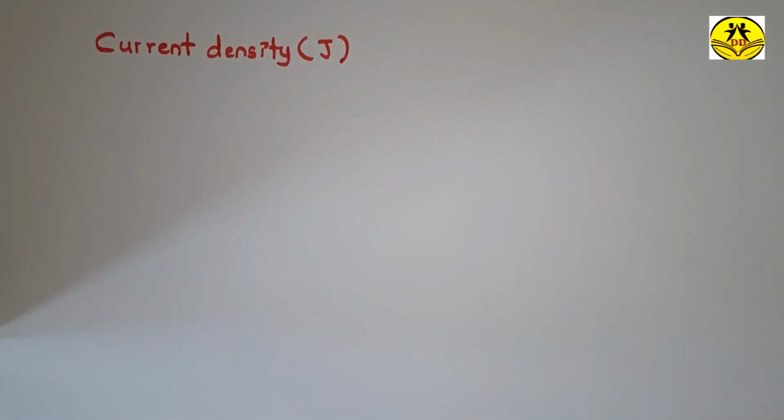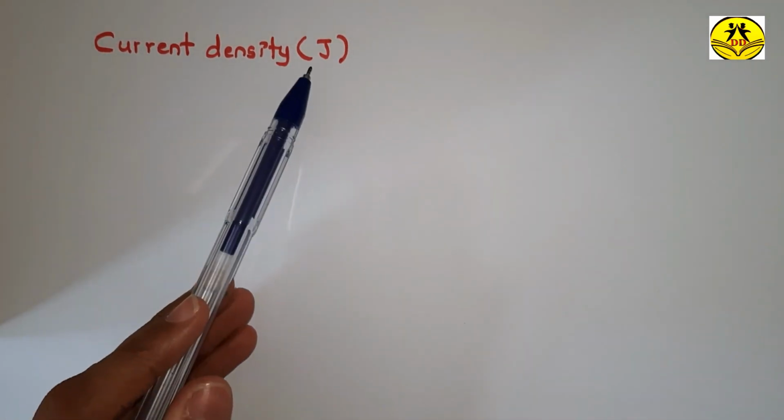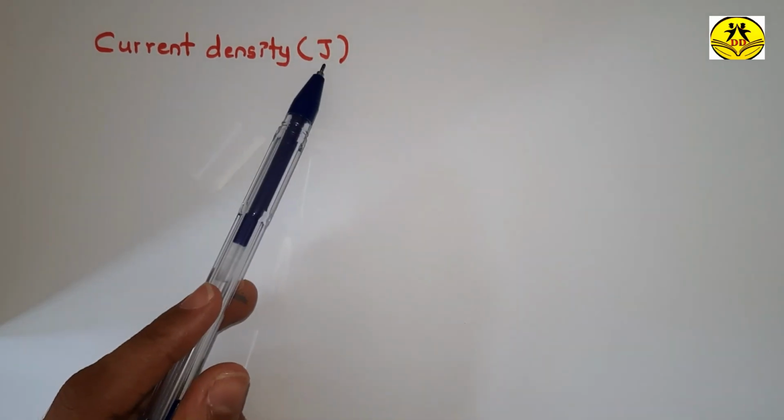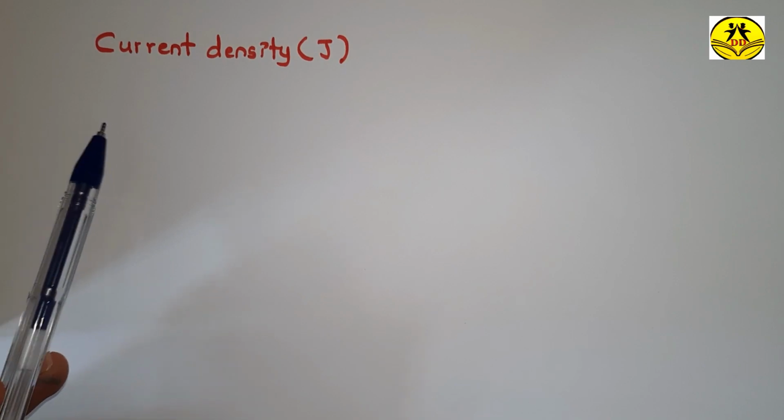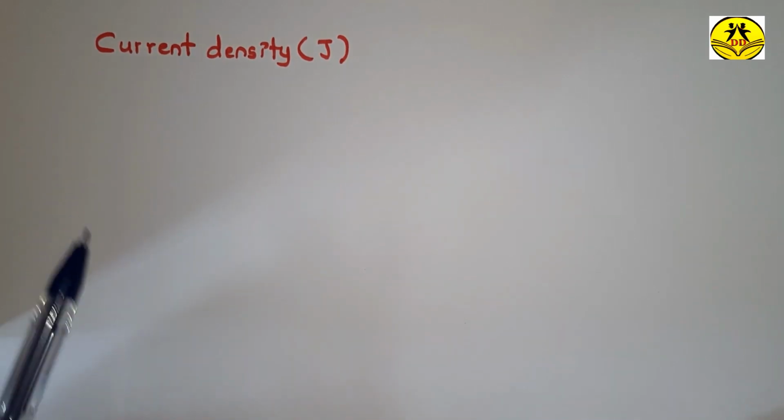Now let's talk about current density. Current density is denoted by capital J. Now what is current density? It is the current flowing per unit cross-sectional area.